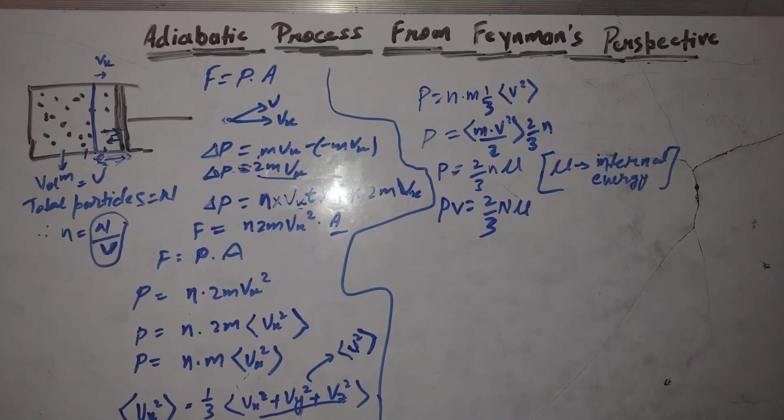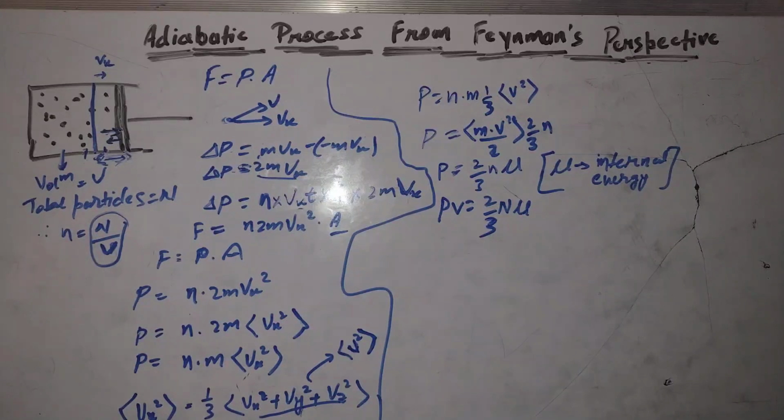So if you are given a gas and told to compress it, how much energy would be required to compress the volume by a certain extent? All sorts of questions could be asked. And then the problem is that when you compress this piston, where will all the energy go?